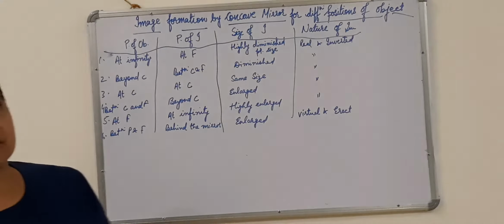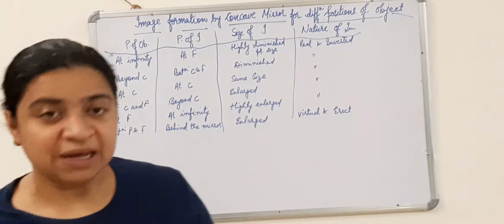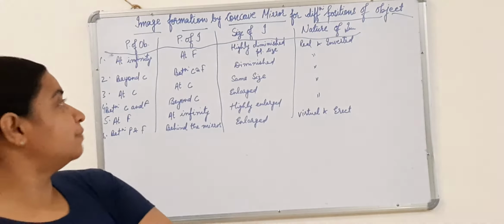This type of table is formed in your book, at page number 164, children. If you remember this table, if you learn it by heart, it would be quite easy for you to draw the ray diagrams. Now in the exam, what type of questions are asked from this topic? First of all, sometimes they may ask you to draw the ray diagrams.